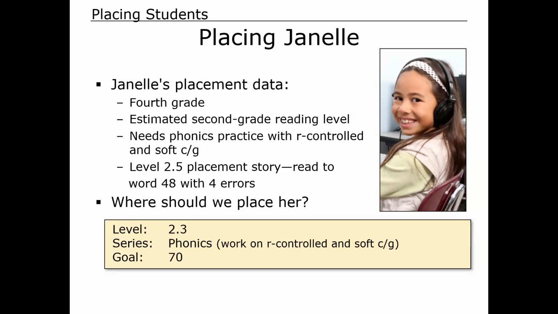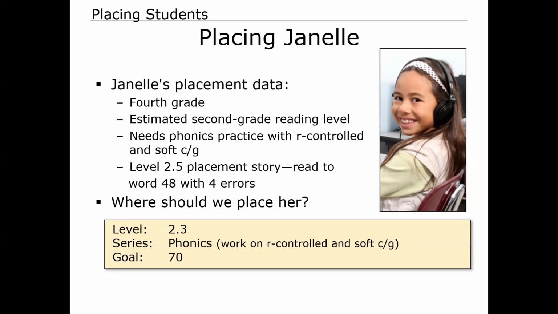So you can put her in 2.3 because 2.3 is where R controlled, soft C and G are taught, and that's her issue. Okay, and that will happen with younger students reading at those 1st and 2nd grade levels. Many of their phonics needs are also at those lower levels. But if Janelle placed in level 3.5 or 3.0 even, where soft C and G and R controlled are not taught, then I would put her in the sequence series.